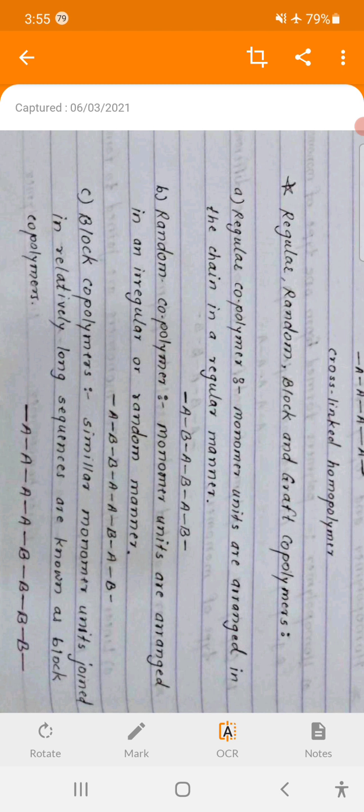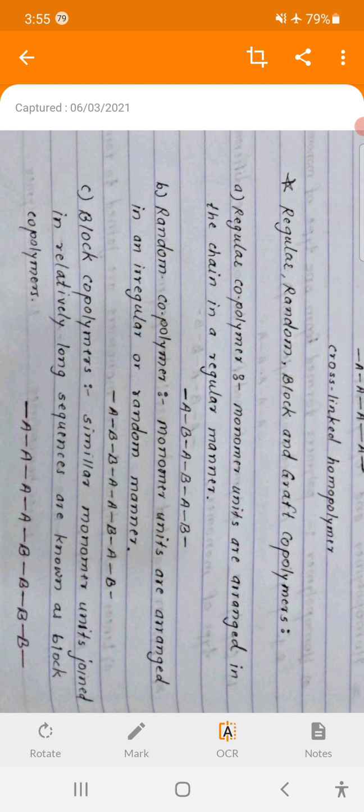In regular copolymer, monomer units are arranged regularly. Then random copolymers. In random copolymers, monomer units are randomly arranged, no sequence.